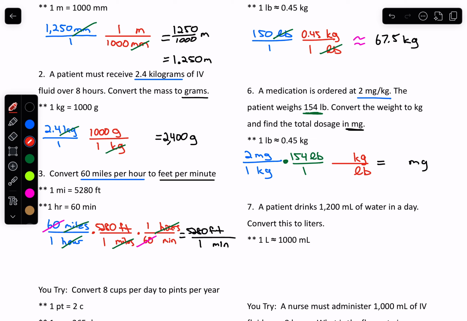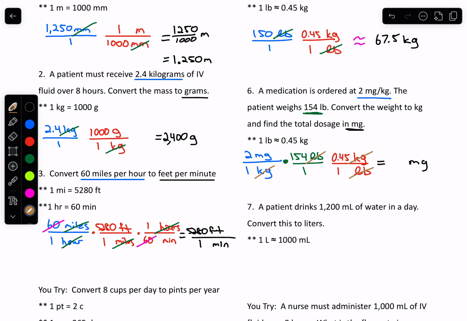So now we need this to be a unit fraction. So we're going to do 1 pound is equivalent to 0.45 kilograms. And now notice all the units are going to cancel, where we have kilograms cancels kilograms, pounds cancels pounds, and so our ending units will just be milligrams, and it'll be the number of milligrams needed for a patient that weighs 154 pounds.